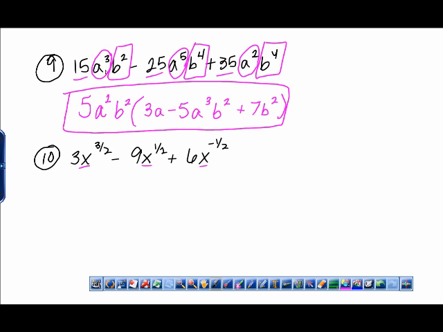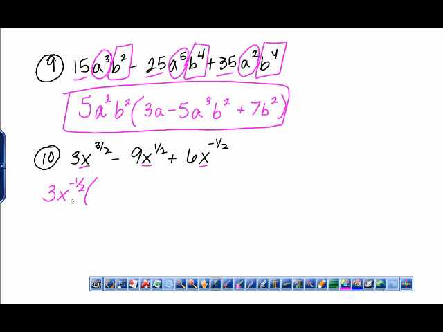It's like what I said on this problem. What you're looking for is the lowest exponent, the least number, which in this case is x to the negative 1/2. Now, don't skip over the 3, 9, and 6, because you can also factor out a 3. But the exponent on x has to be the smallest exponent, which in this case is negative 1/2.